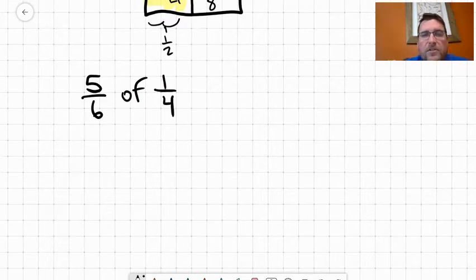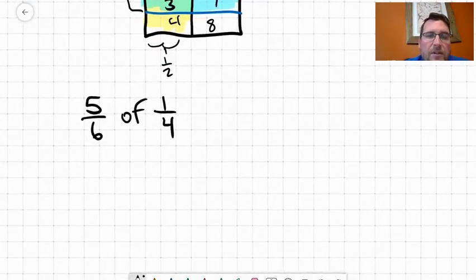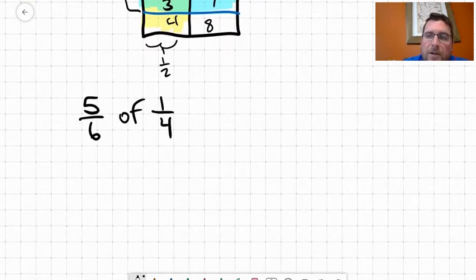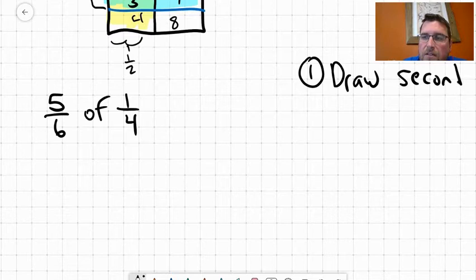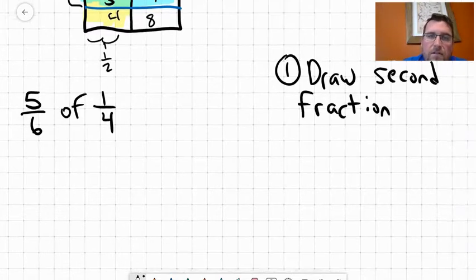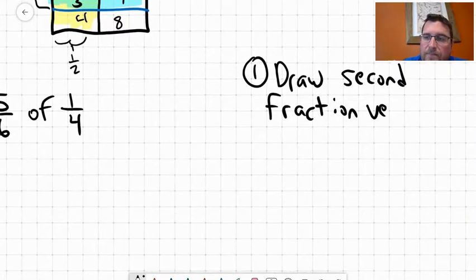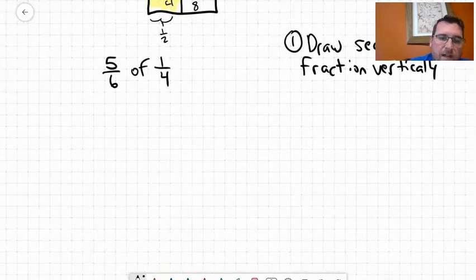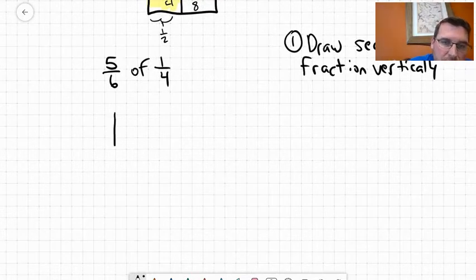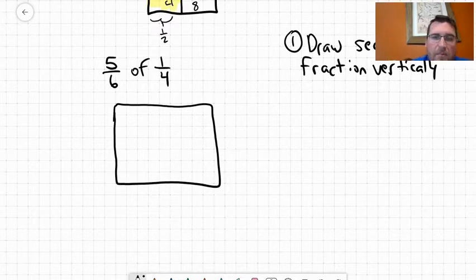And so if we were doing steps on this, step 1 would be draw the second fraction vertically, which means that I would make a square or a rectangle like this, and I'm going to partition it vertically.